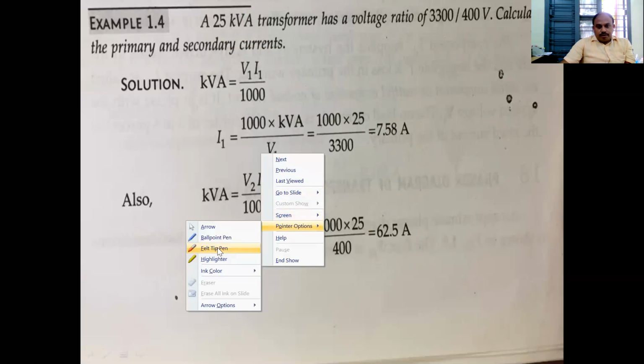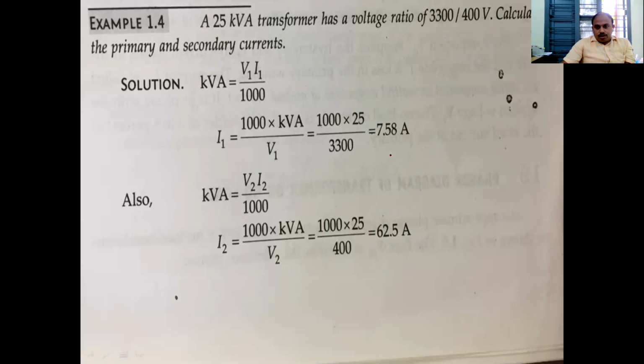See, this is a transformer having a primary coil and a secondary coil, two coils. This is the core of the transformer. The primary voltage is 3300 volts and the secondary voltage is 400 volts.